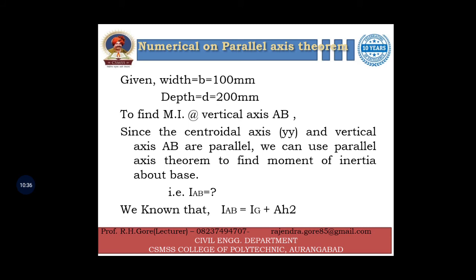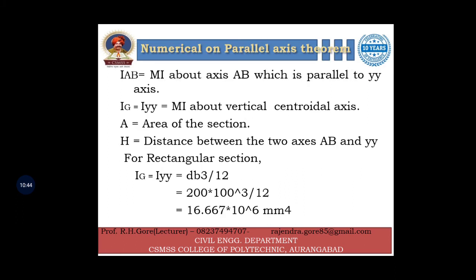So B is 100 mm, D is 200 mm. IAB is equal to Ig plus AH square. IAB is moment of inertia about AB, which is parallel to the YY axis. Ig is Iyy, moment of inertia about vertical centroidal axis. A is cross sectional area and H is distance between two axes, that is AB and YY.